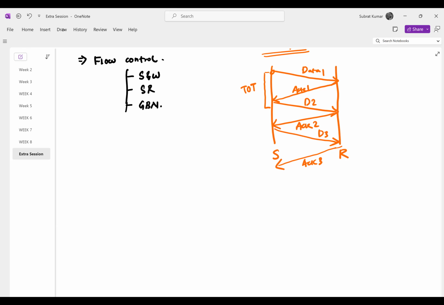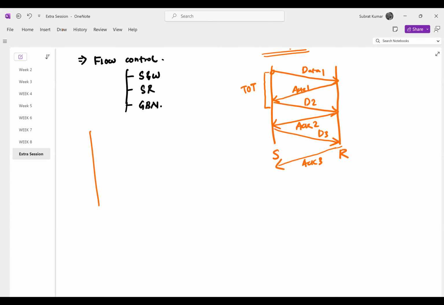Yeah. So this is the stop and wait protocol. We have a sender and receiver. The sender is sending data and receiving the acknowledgement, then sending the next data and receiving the acknowledgement. TOT is the timeout timer. If the timer goes off, we have no acknowledgement.